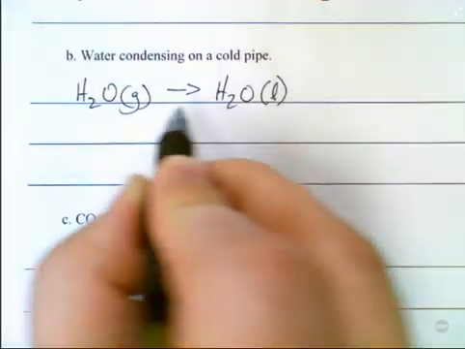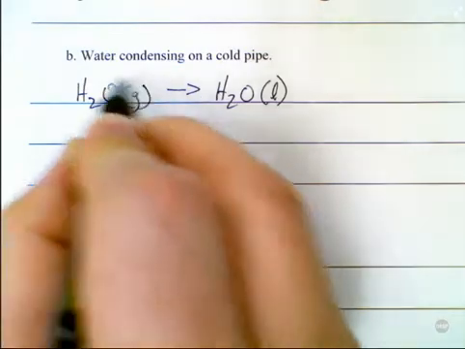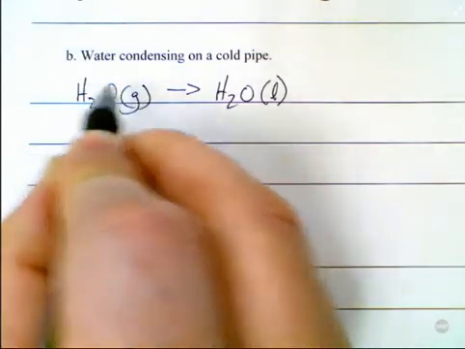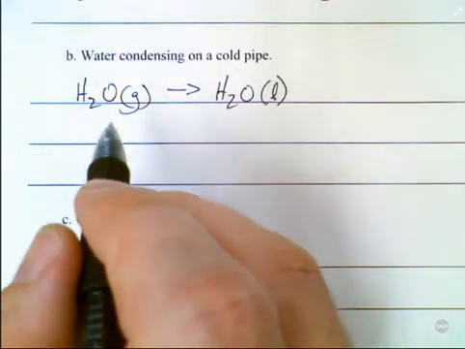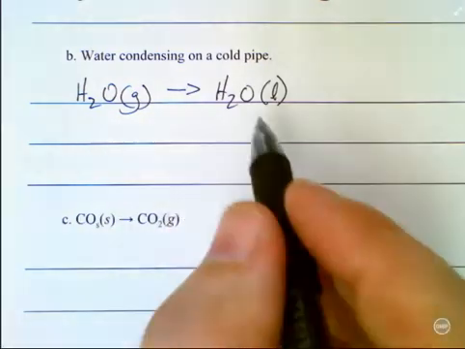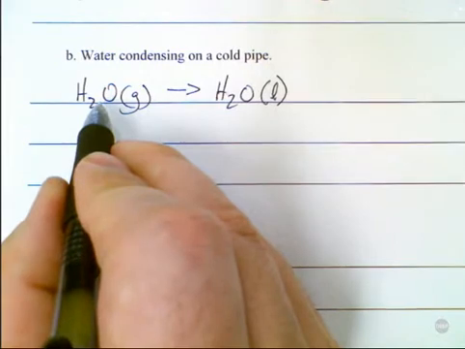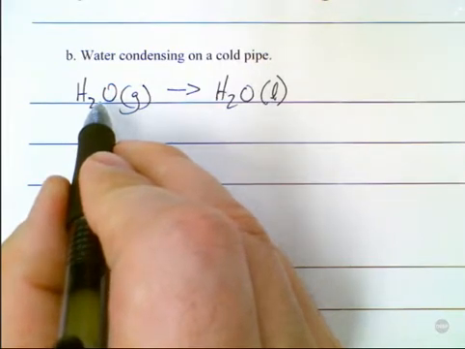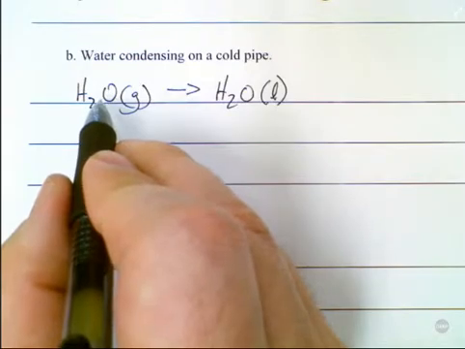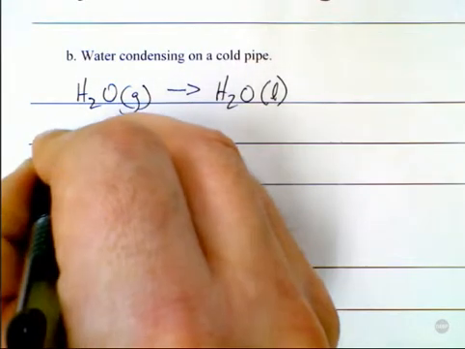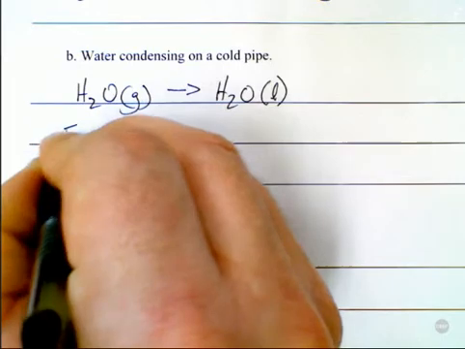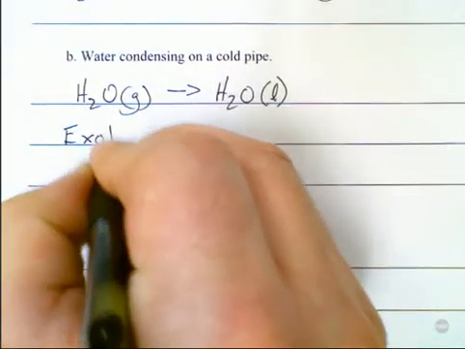And so in order to make this transformation happen, this high energy form of water has to get rid of some amount of energy in order to make this transformation possible. So this water is going to be releasing heat, going to get rid of heat. So that makes it exothermic.